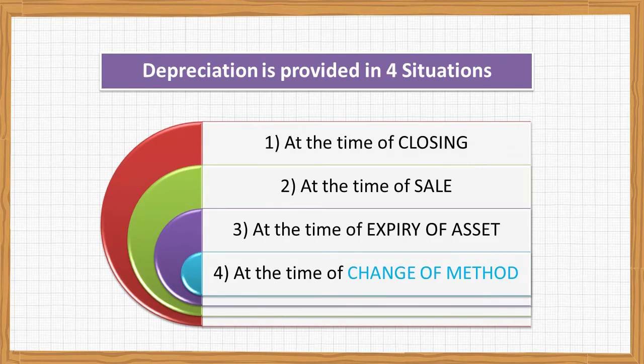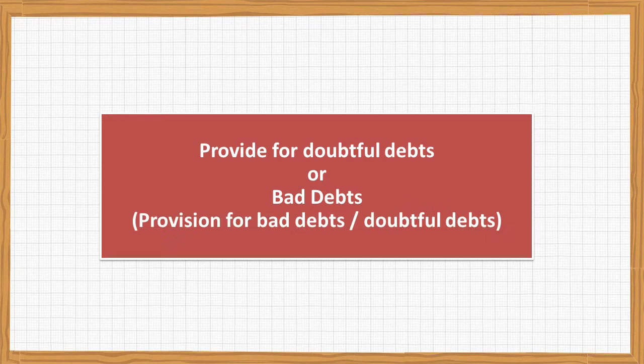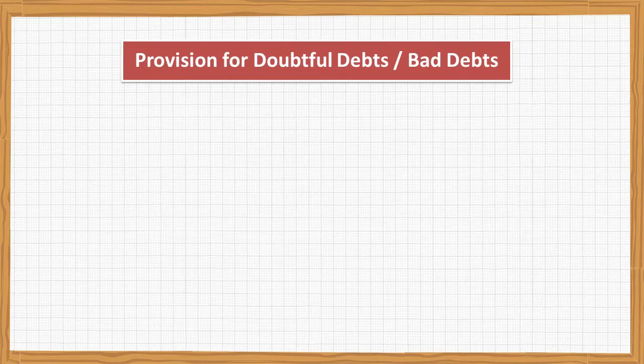And one thing more, sometimes you may find in the question provision for doubtful debts or for bad debts, meaning provision for bad debts or provision for doubtful debts. This provision for doubtful debts or bad debts is always connected with the debtors.